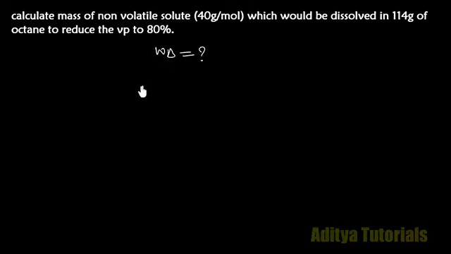That is a question mark here. Because the molecular mass is given, that is MB of the solute, that is 40 grams. And it is dissolved in the mass of the solvent, that is WA, it is 114 grams. And here we want MA for the octane.